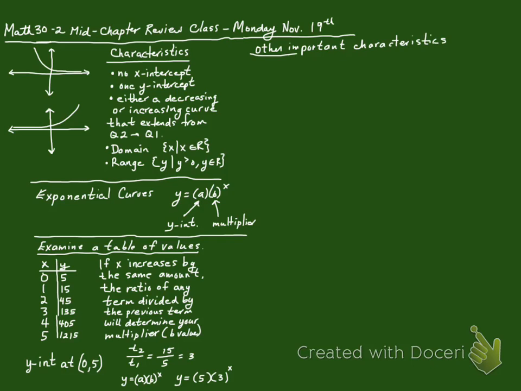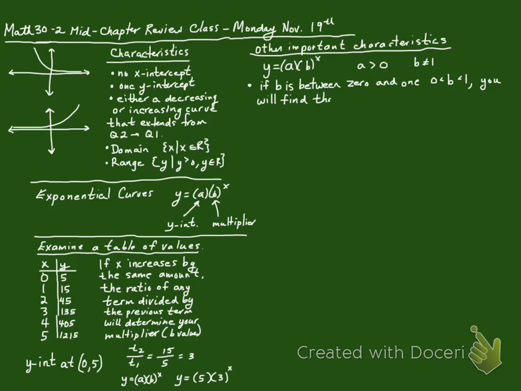Other important characteristics. Y equals a times b to the power of x. Well, we know that a has to be positive. A is greater than 0. We also say that b cannot equal 1. Now, if b is between 0 and 1, and we write that as b less than 1 but greater than 0, you will find that you have a decreasing function.